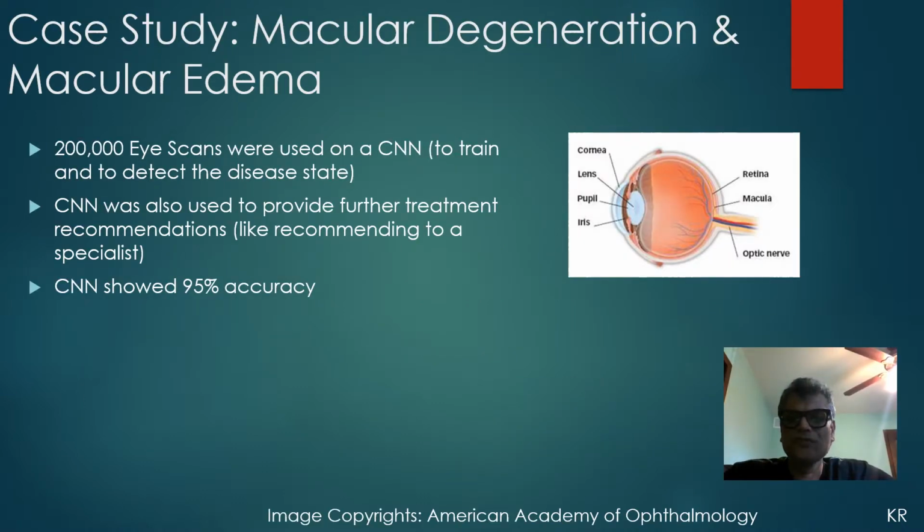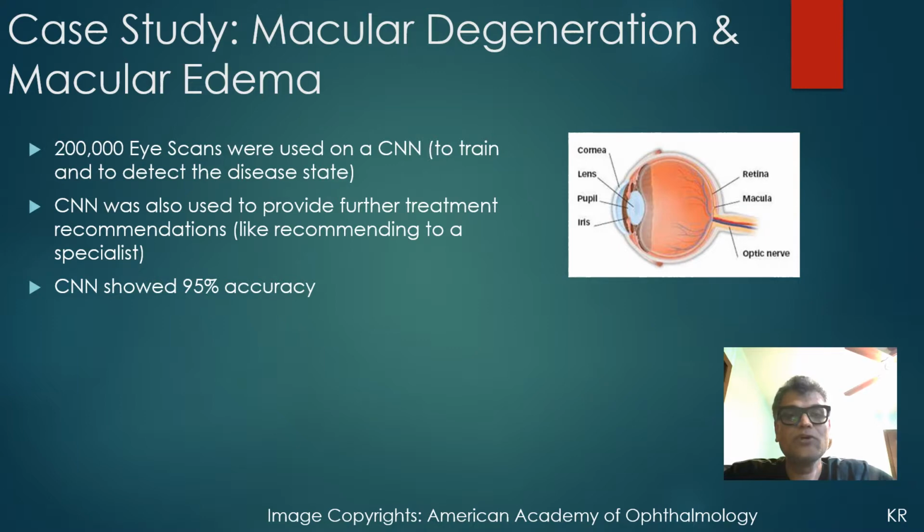Now let's look at some of the use cases leveraging CNN, the convolutional neural network. Macular degeneration is a situation wherein the central portion of the retina called the macula degenerates. Macular edema is a case wherein there is liquid formation in the macula. Both of these are leading causes of loss of vision.